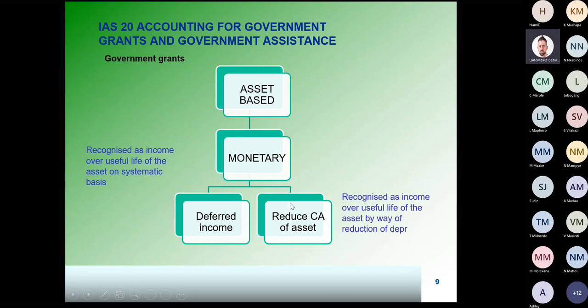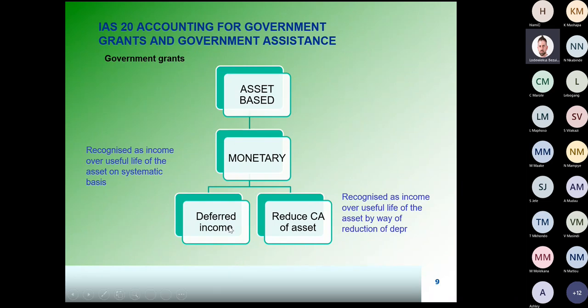If it is a reduction of the carrying amount of the cost of the asset, then we recognize it as income over the useful life of the asset by the reduction of depreciation. So you will see in the two examples that we will do, the net effect of these two methods, deferred income or a reduction of the cost of the asset, the net effect on the income statement is exactly the same.